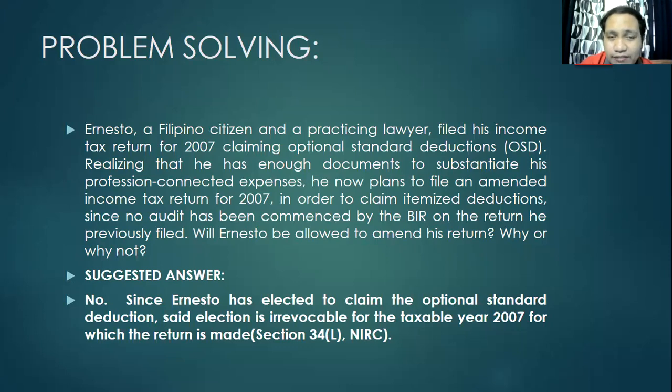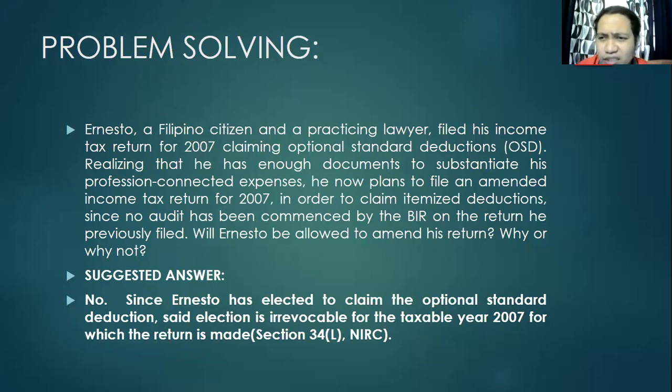Okay? So I have an example here, I think. Ernesto, he's a Filipino citizen and a practicing lawyer. So he filed his income tax for 2007 and claiming optional standard deductions. So 2007, nag-avail si Attorney Ernesto ng OSD. And now, realizing that he has enough documents to substantiate his profession connected expenses, he now plans to file an amended income tax return for 2007 in order to claim itemized deduction.